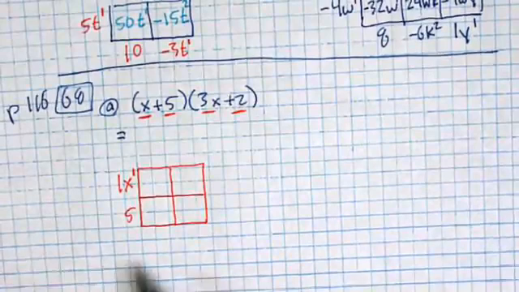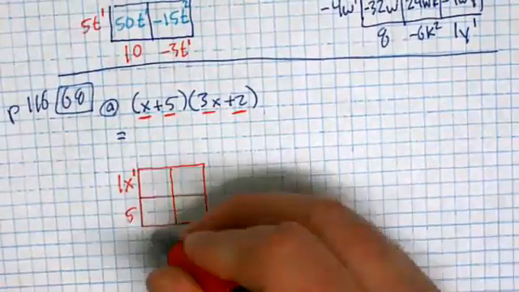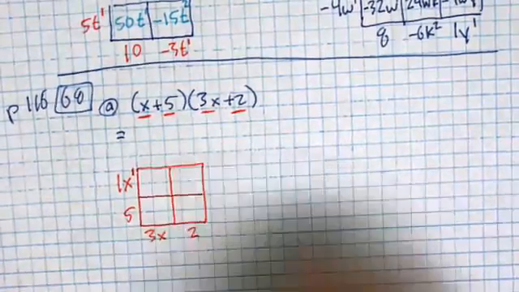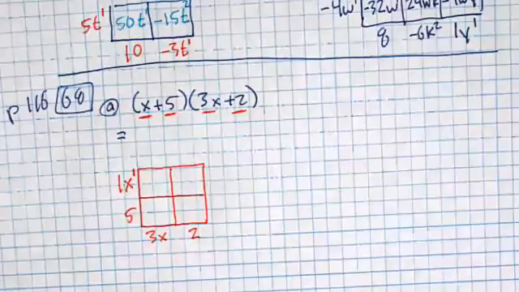What do you suppose I'm going to put across the bottom here? A 3x and a 2. So the thing that makes these the pro level ones is basically you just got twice as much work to do. Instead of multiplying to get 2 different answers, we got to get 4 different answers.